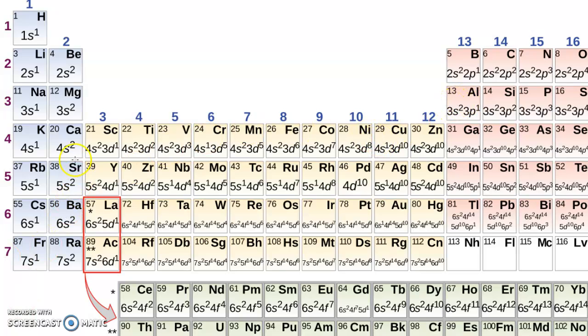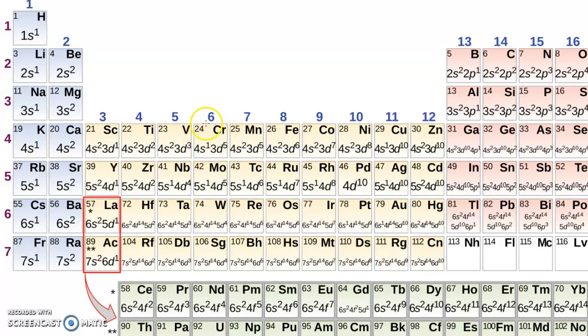Let's look at the patterns over here. So over here, I have 4s1, 4s2, I'm looking at number 19 and 20 and on, potassium, calcium, 4s1, 4s2, and then 4s2, 3d1, 3d2, 3d3, and on. It seems like there's a pattern, but you can also see exceptions. For example, over here, 3d3, the next one we should expect to have 4s2 and 3d4.